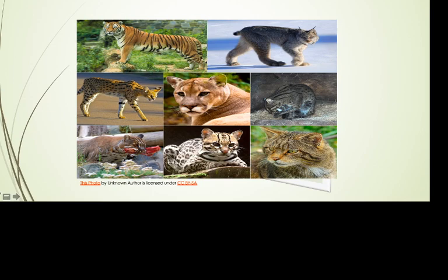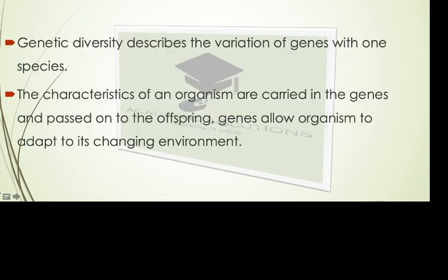So this is an example of species diversity. You have your cat, you have your cheetah, your leopard, etc. This is a cat family. So this is an example of species diversity.